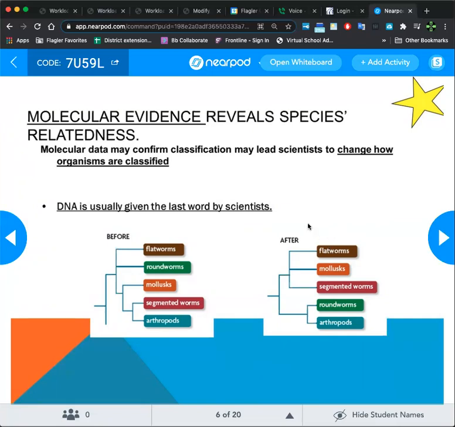The big one is new technology. Specifically, you have microscopes and you have DNA analysis. So you compare the DNA of multiple organisms to see how related they are, and it gives you a lot more accurate result. DNA, molecular evidence is always going to be given the last word by scientists on how to classify organisms. So just kind of keep that in mind.